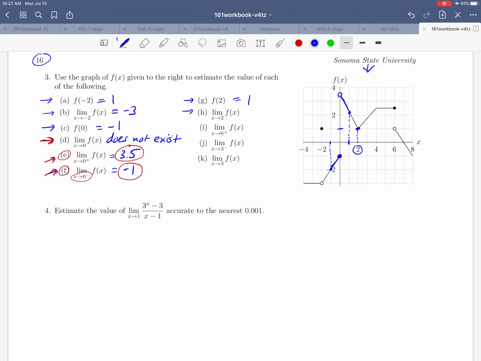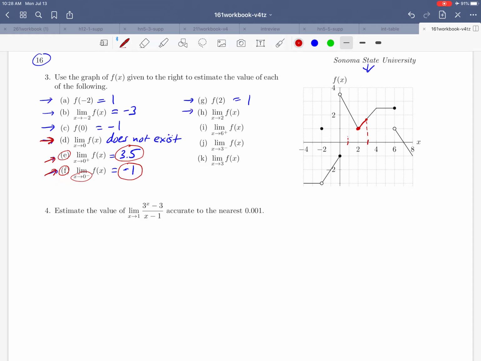Okay, what about the limit as x approaches 2? Well, we're asking what happens to the y values as we approach 2. Again, it's a two-sided limit, so we'll do it from both sides, starting with a value that's a little bit bigger than 2. We want to slide in the direction of x equals 2, which is going to take us back here. Y values appear to be approaching whatever that point is.